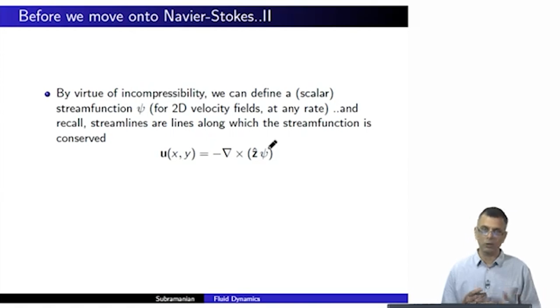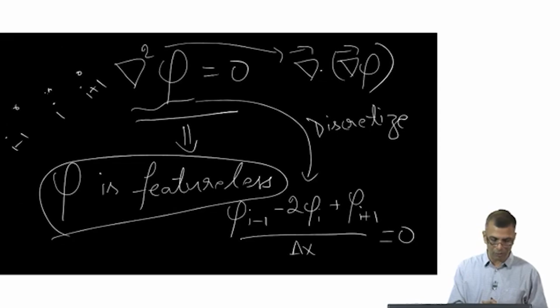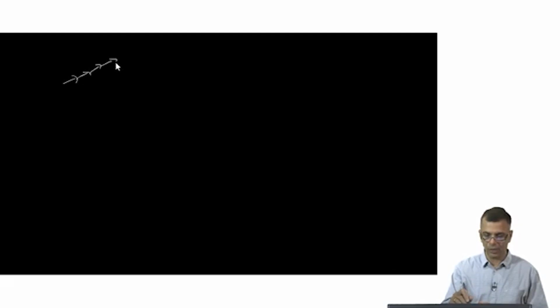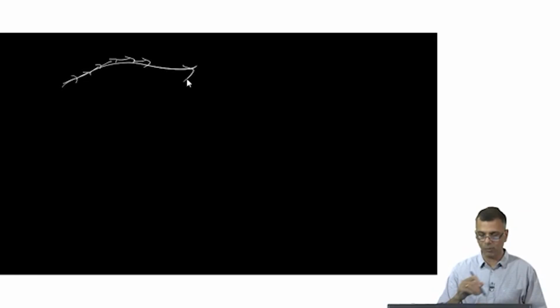We also saw that there are different definitions of a streamline. The physically, intuitively appealing definition of a streamline is one where you are essentially just joining the little velocity vectors like that. You join them together and you form a streamline.